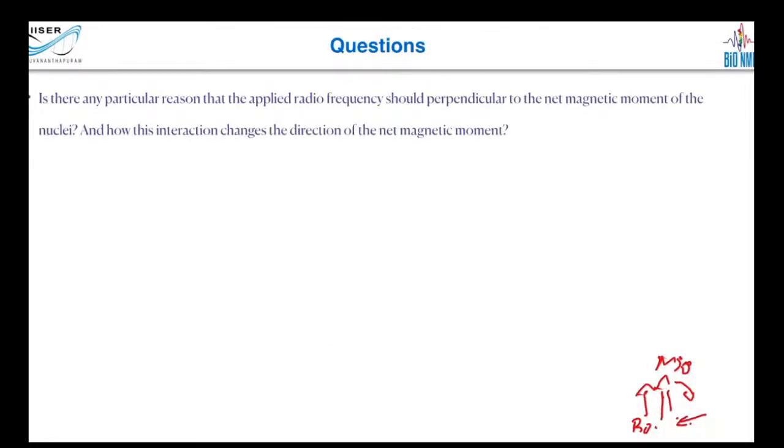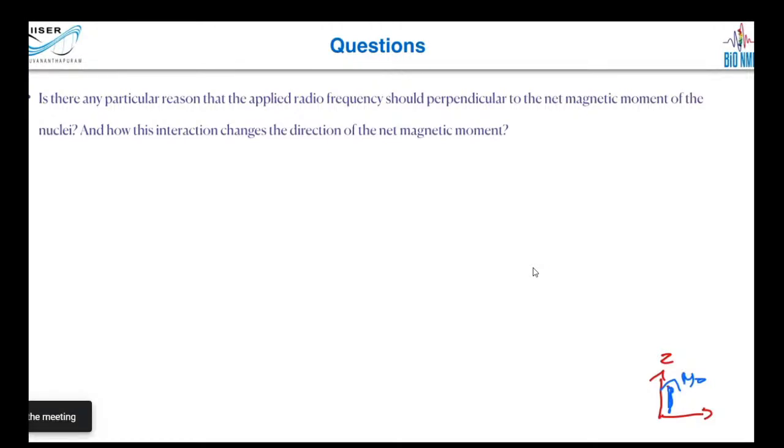torque against this M0. So what we need is to get this M0 out of the Z plane. So this is the Z axis, and you want the M0 out of the Z axis.